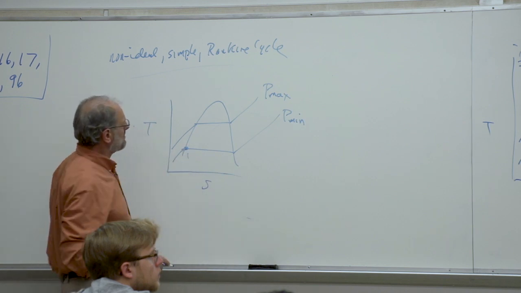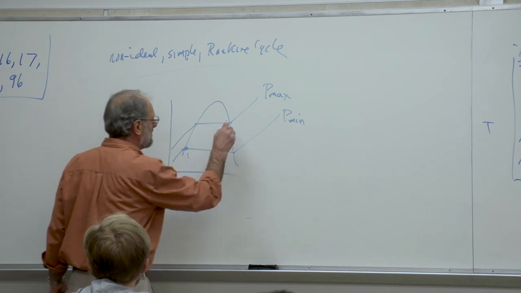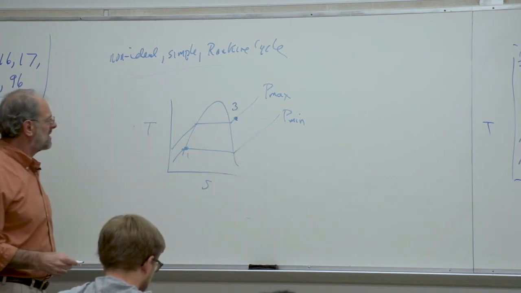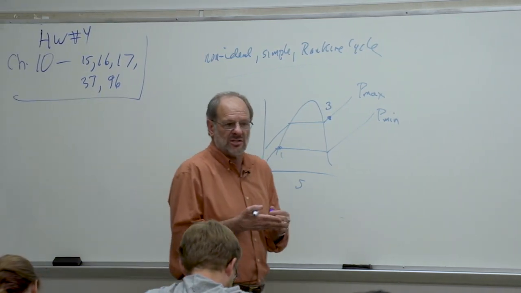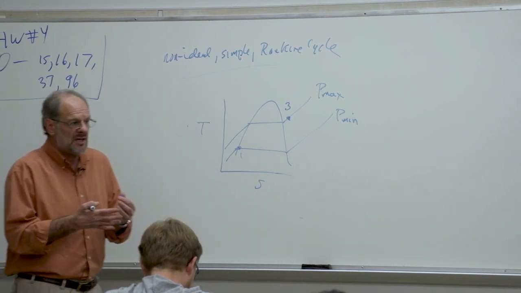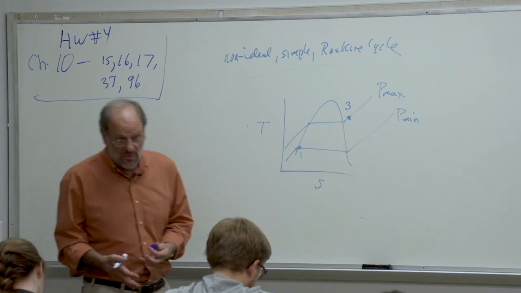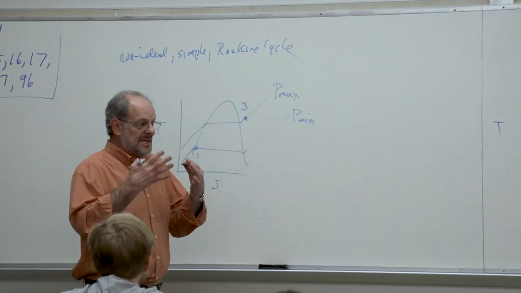We'll still have the same state points. 1 is going to still represent the inlet to the pump. 3 is going to still represent the inlet to the turbine. But now we're going to have to use the same notation 2S and 2A that we did with the Brayton cycle to represent the ideal and actual compression process in the pump. We're going to have to use the 4S and the 4A to represent the ideal and then actual expansion process in the turbine.